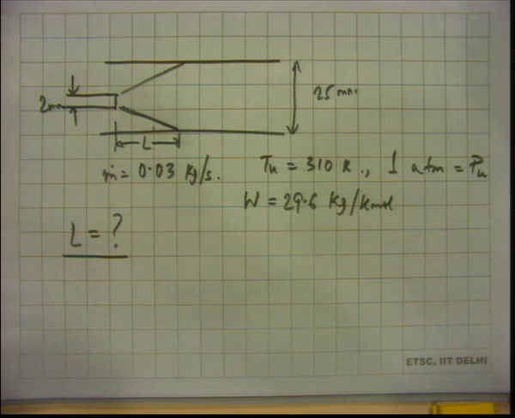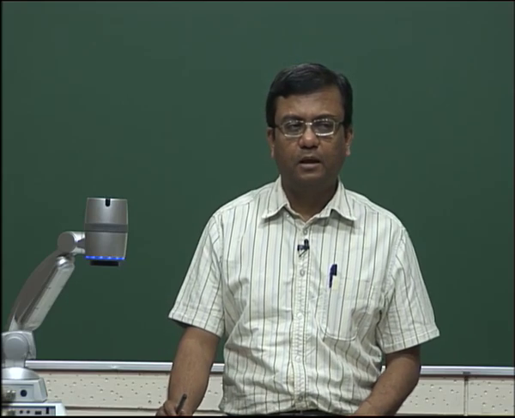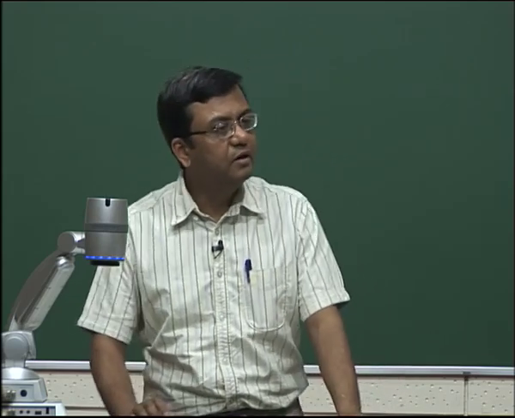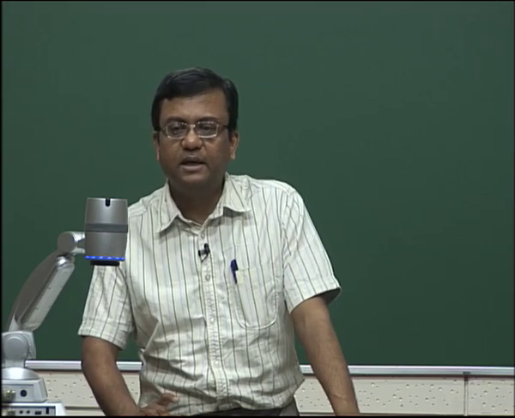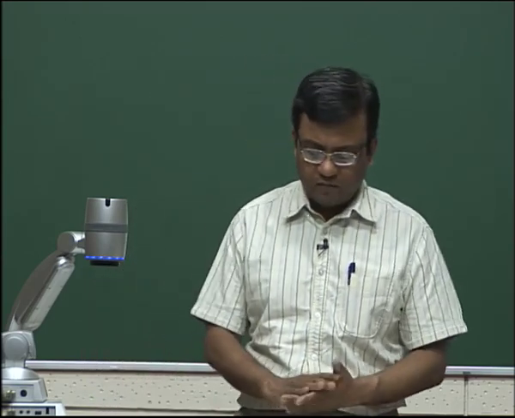Now, is the fuel mentioned? That's the problem. If the fuel is not mentioned, then we will not be able to use a correlation or even software to get SL, correct? So, where will L come from? L will come if we can determine the area. And where will area come from?